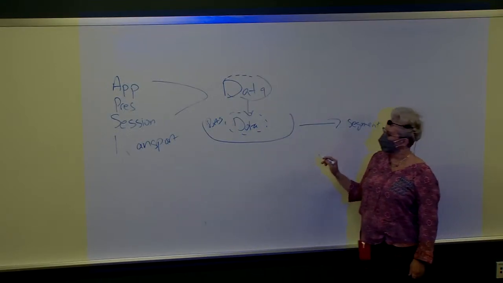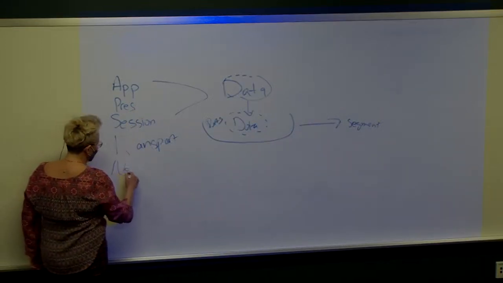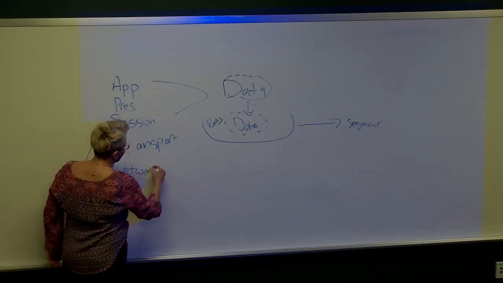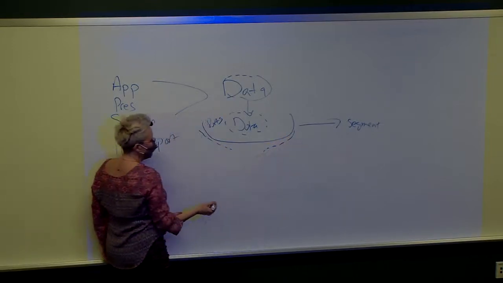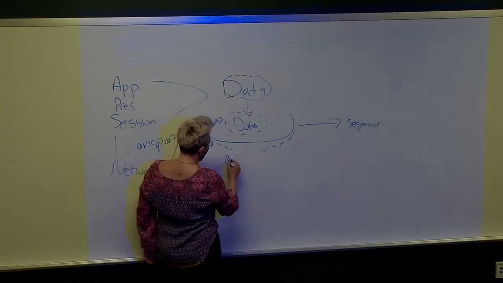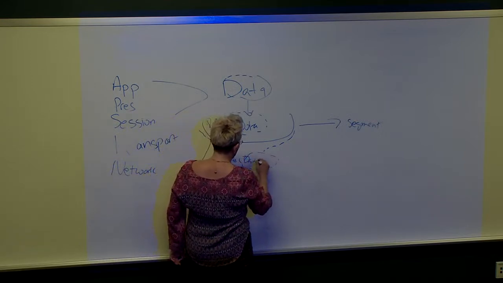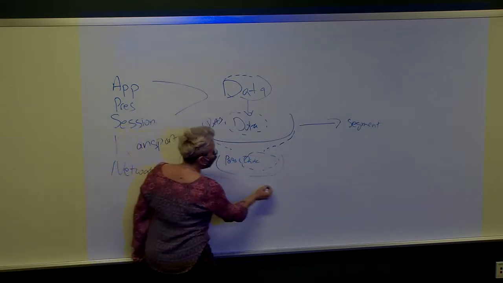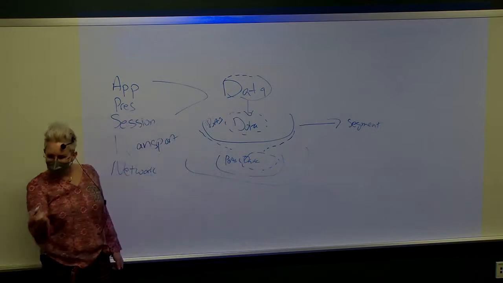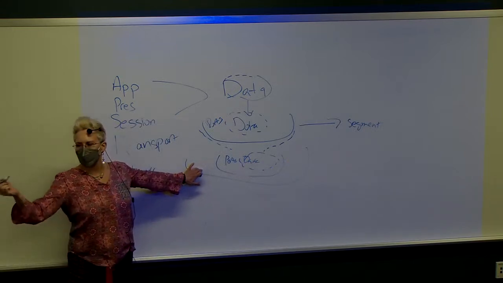Okay? Now I go to the network layer. Now all of this gets passed down, right? So now I've got the ports. I've got the data, right? This has been wrapped up. Now what happens to it again? It gets encapsulated again. And what does it pick up at the network layer, Nick?